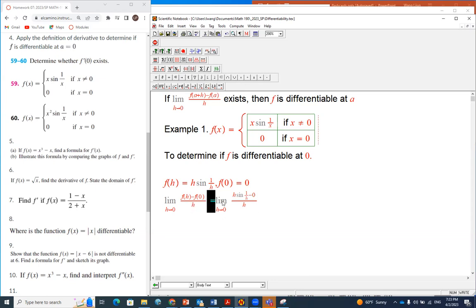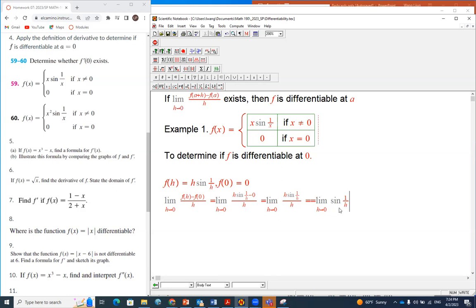To simplify, we get the next step, and this h and that h will reduce. So we will end up with just sine of 1 over h. When h is approaching 0, 1 over h is approaching positive infinity or negative infinity, depending on which side h is approaching 0 from.